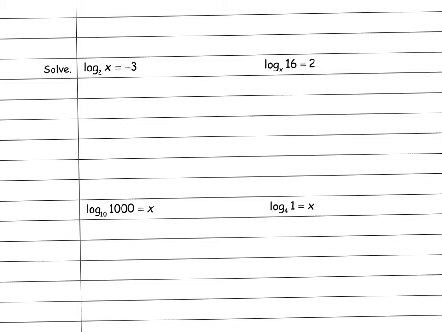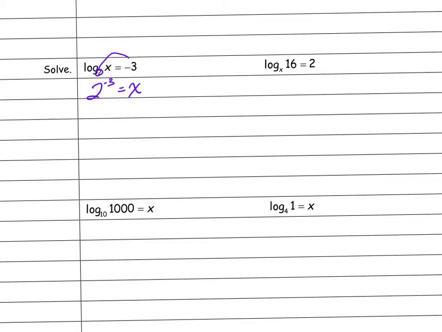So log base 2 of x equals -3. I have no clue how to do that one, but I know that I can switch it to an exponential and see if maybe I can solve it that way. So if I say 2 to the -3 equals x. Well, do I know what 2 to the -3 is? Well, I hope I do.